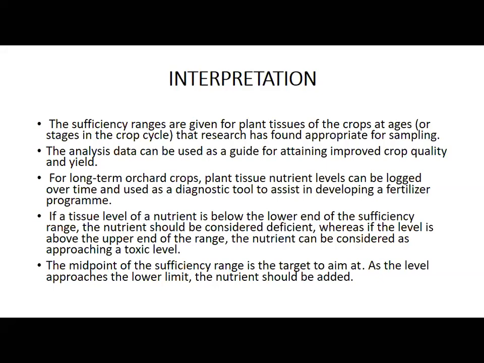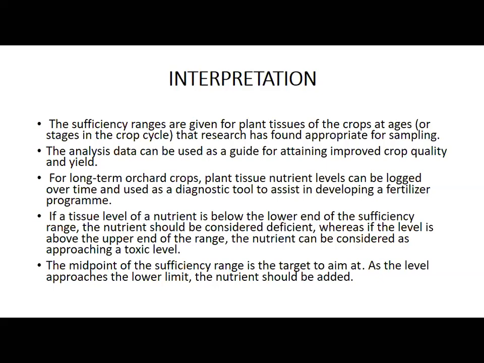Then analysis data can be used as a guide for attaining improved quality and yield. We know which element is for better quality of fruit crops, whether horticultural crops. Then by correcting these deficiencies, we are able to draw satisfactory yield.